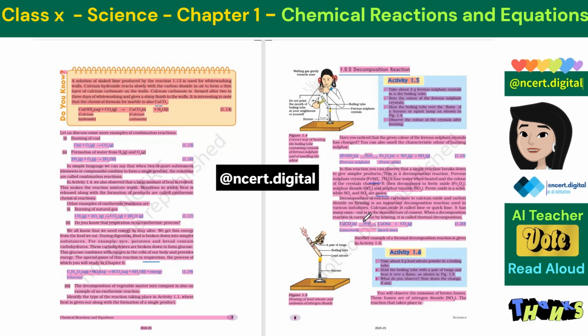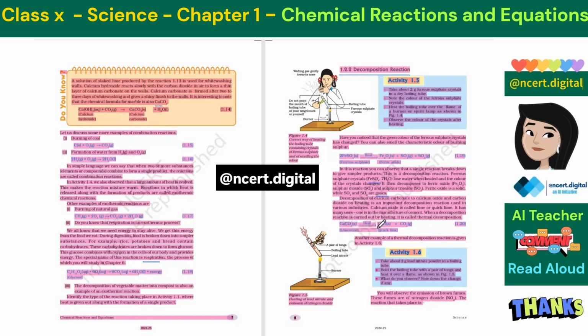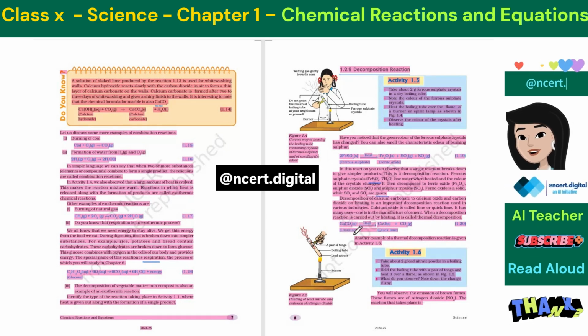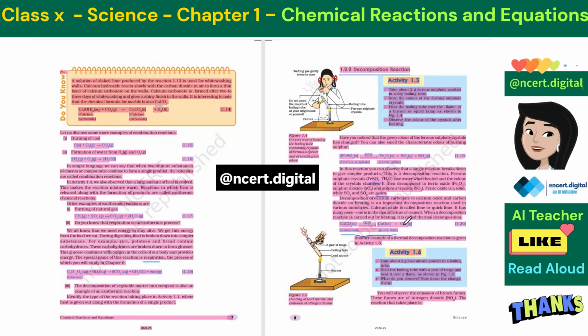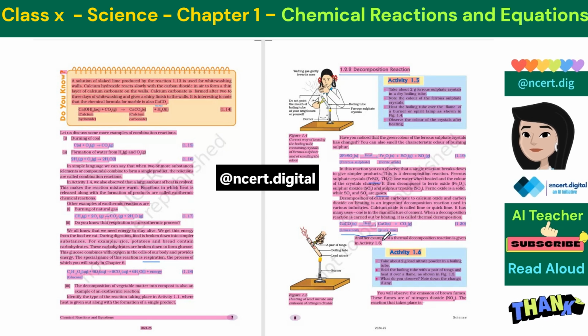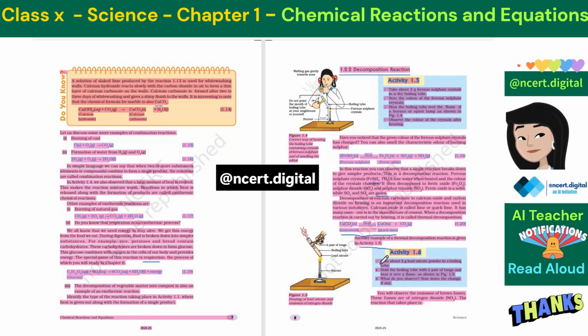When a decomposition reaction is carried out by heating, it is called thermal decomposition. CaCO3 (s), limestone, heat, CaO (s) + CO2 (g). Quicklime. (1.20) Another example of a thermal decomposition reaction is given in Activity 1.6.